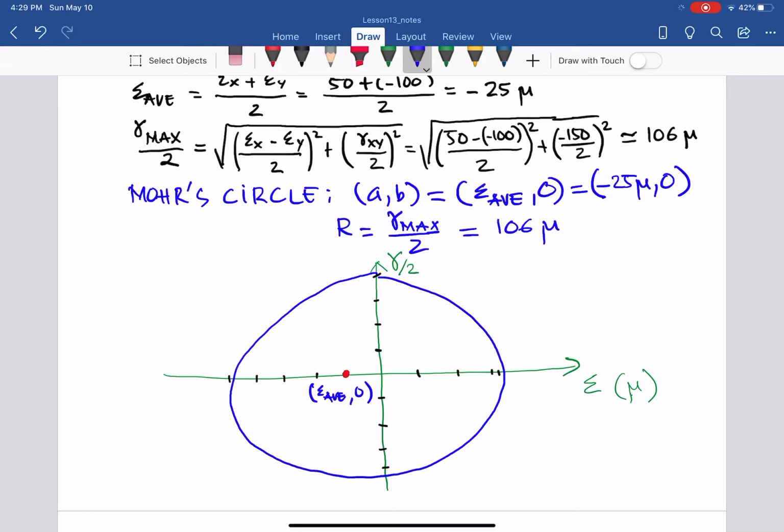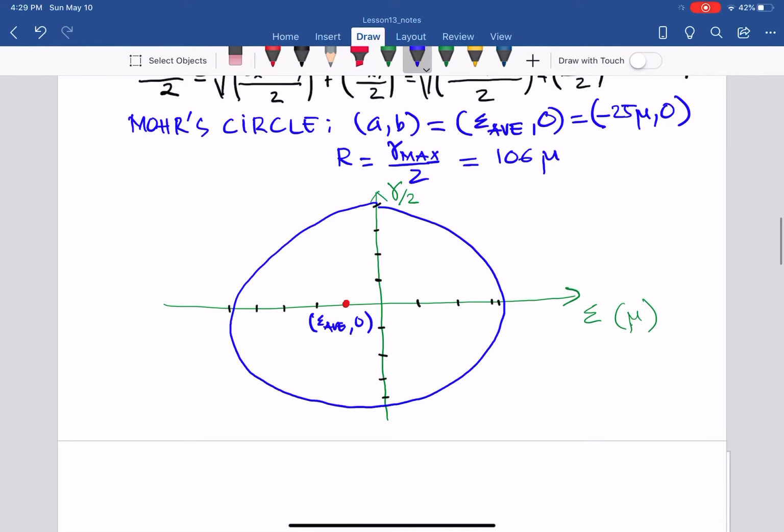Okay, so that is not very representative of the circle, but I tried my best.